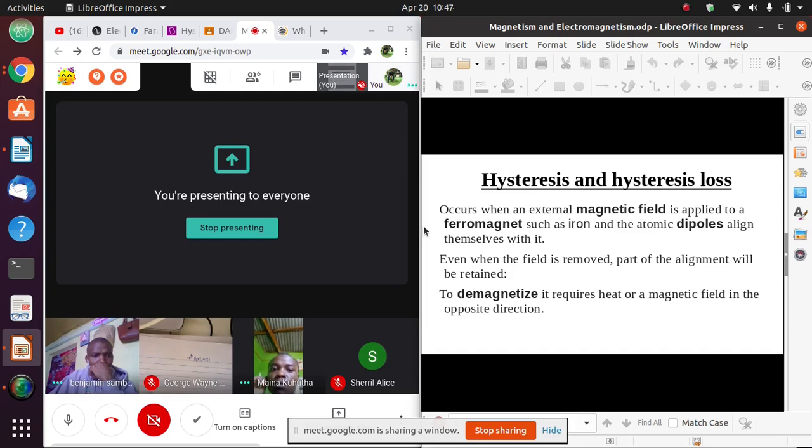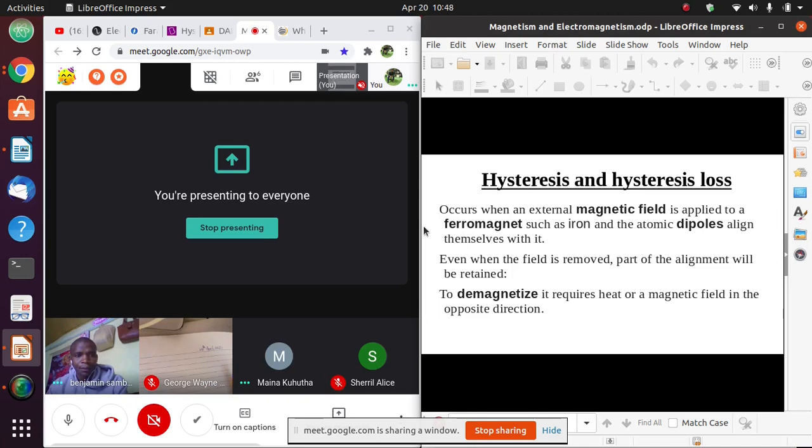Now to demagnetize ama to remove that magnetic influence from a material, we can expose it to external factors kama heat ama force, or we can apply a magnetic field in the opposite direction. So that property of a material to retain its magnetism, once a magnetic material is removed, is what is known as hysteresis. Are we together?